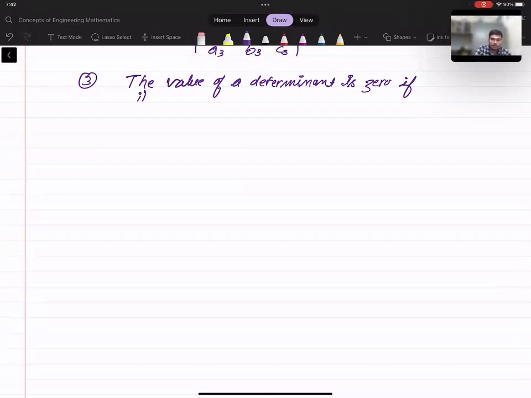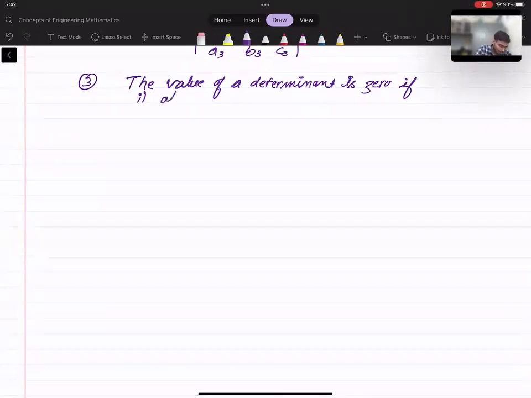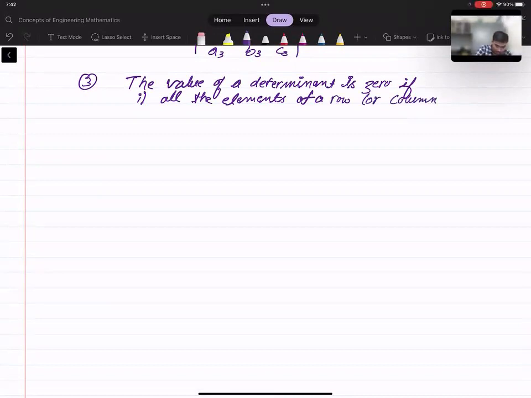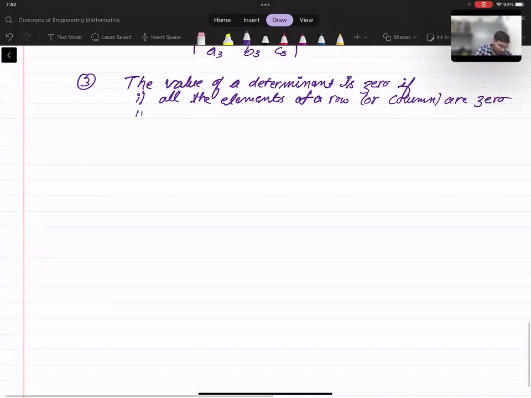Then the determinant is 0. Okay, and also it will be 0 when two of the rows or columns are identical. Means either two rows are identical or two of the columns are identical.